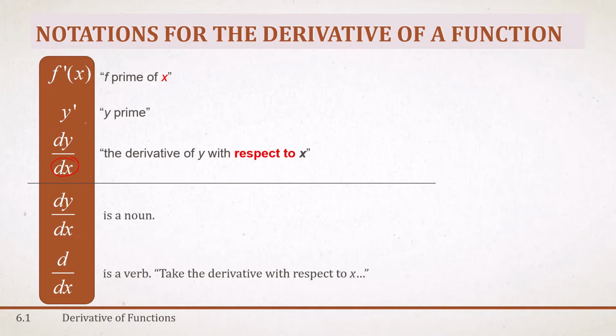At certain times we can use y prime, which means a prime on the y at the top, or we can use f prime of x. When we write dy/dx, it is a noun, a name, and d/dx is an action, so you are taking the derivative with respect to x.